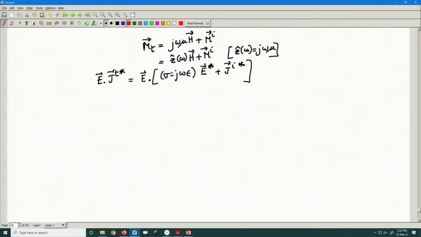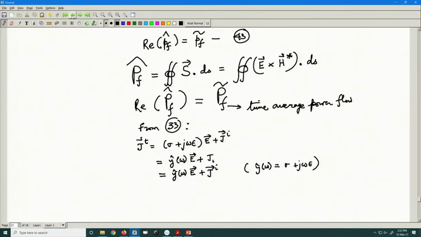Note this minus sign. This comes as the result of the conjugation operation here.